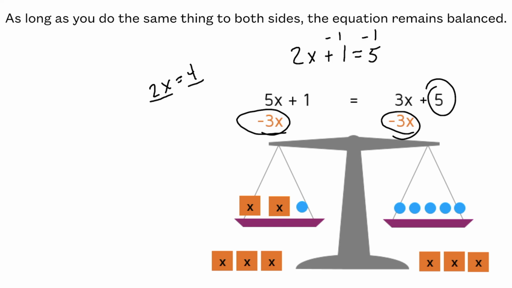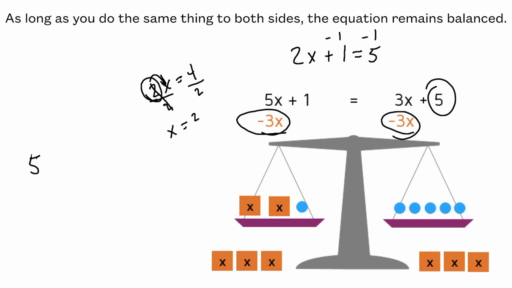Now, we can use axiom number 4: both sides of an equation may be divided by the same number, except 0, without changing the equality. So we can divide by 2. We always want to use the number that's next to our variable. Now we have, cross that out, x is equal to 2. And we can use substitution to check.